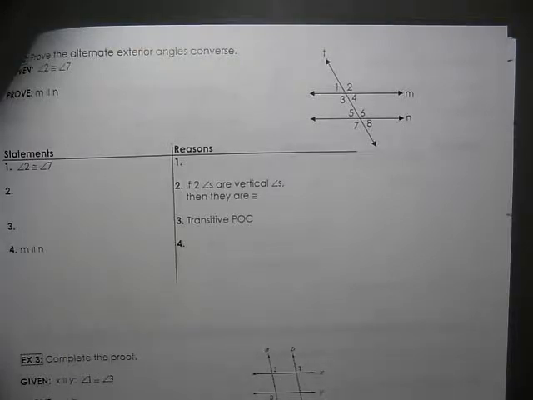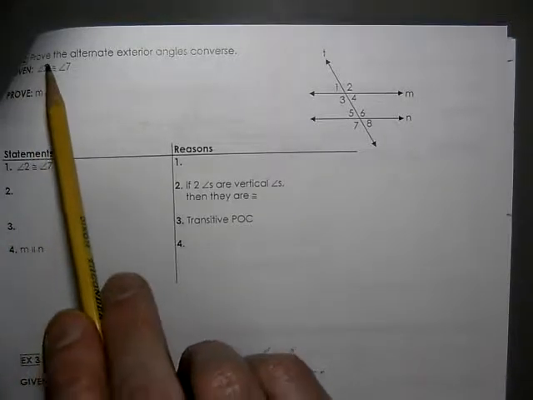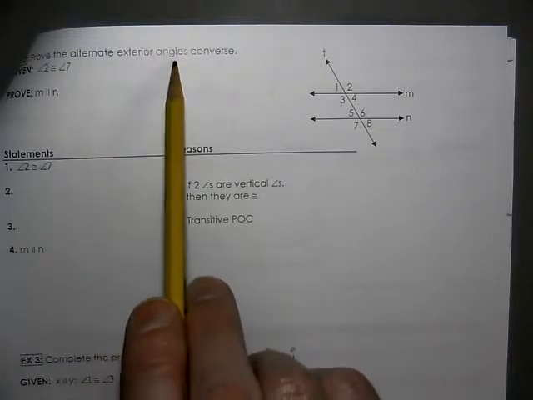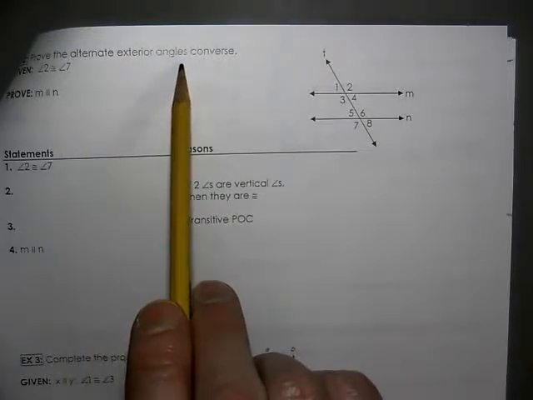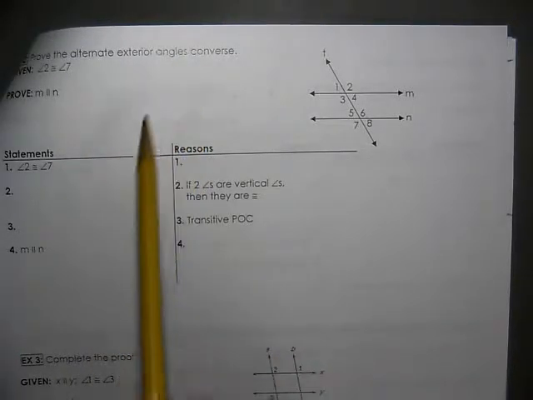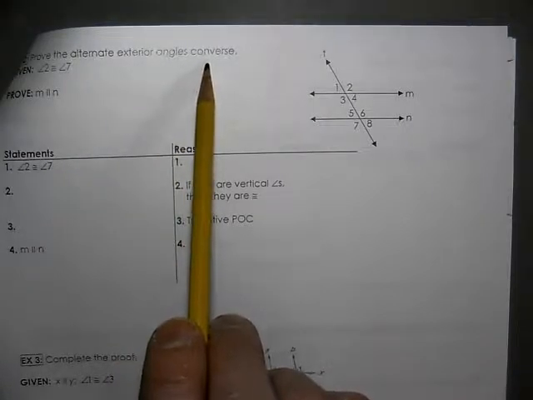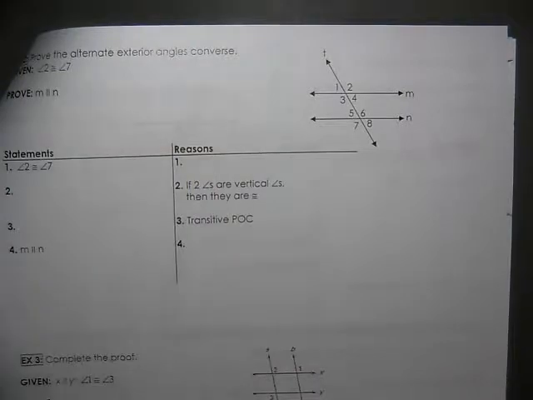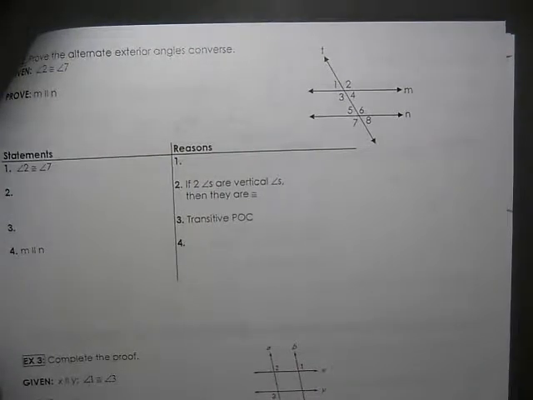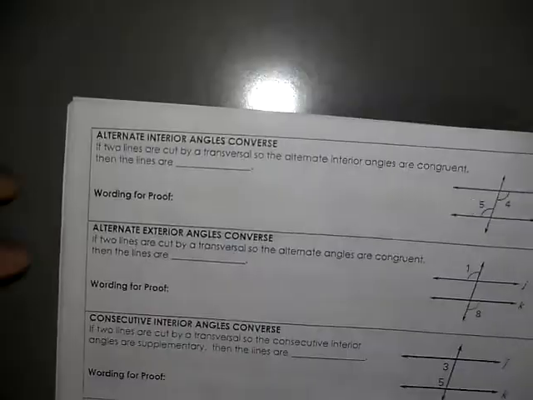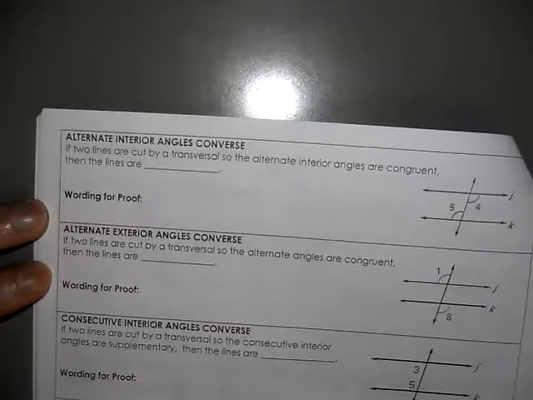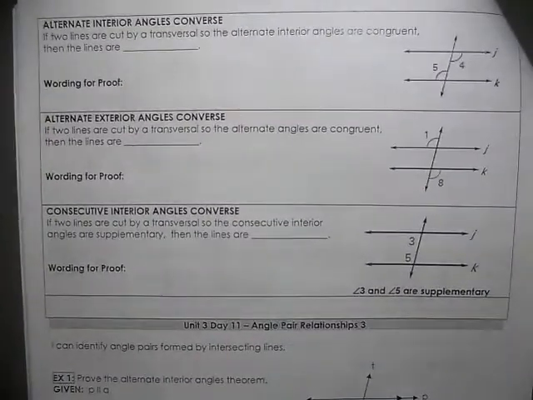Now on the flip side, we're going to prove the converse. To prove the converse, what we actually need to do is discuss the converse. The converse is found on the previous set of notes.